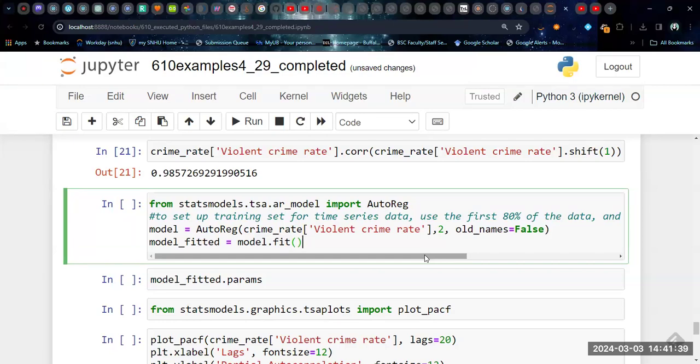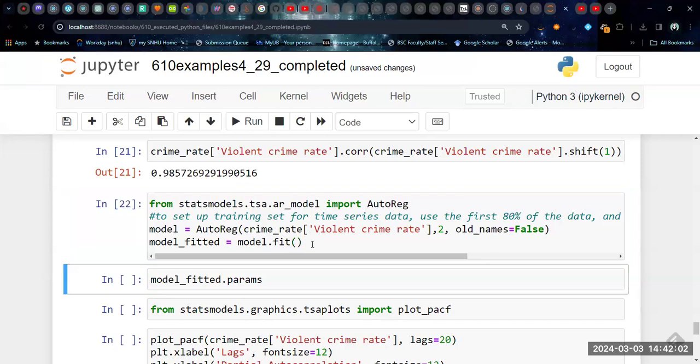Instead, we would set up the first 80% of the data and then take the final 20% of the data so that they remain sequential rather than fully randomized. I'm not going to worry about that in this example, but that is how you would do a test training split if you wanted to do some validation for your data.